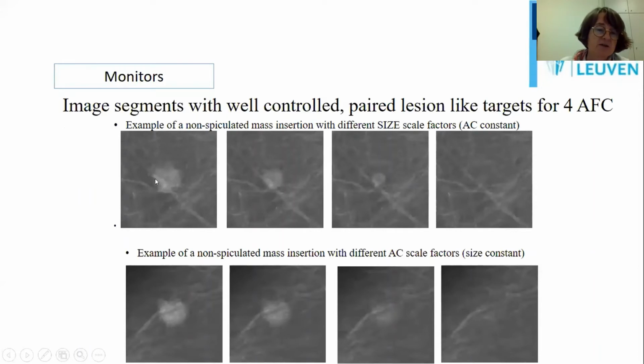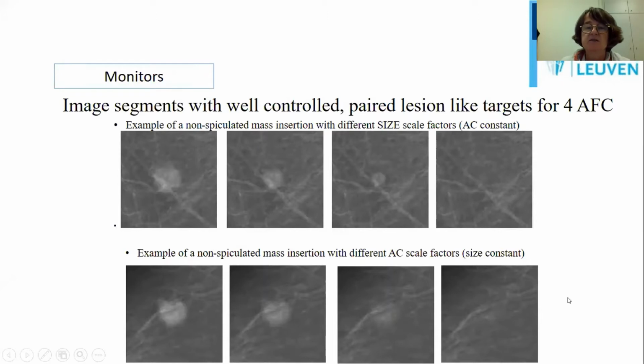I think you can recognize a mass lesion that was simulated, always our way, into real images. But here the mass lesion was given different sizes, from large to always smaller, so always the same mass, but just going smaller in size. And here you see also the same mass, but going from very dense to less dense.